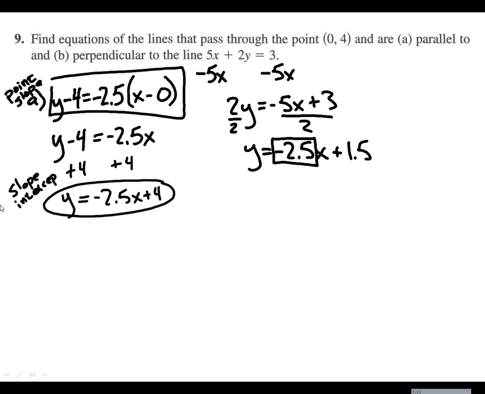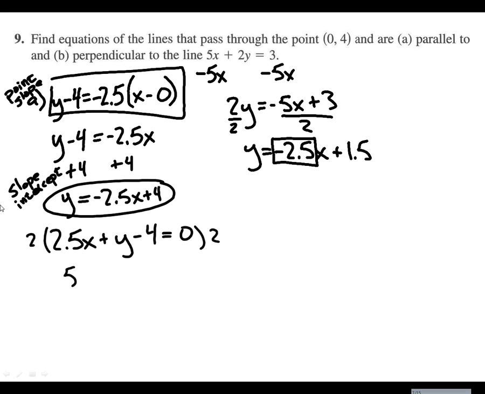And then, of course, we can also get our third type of equation, which is called the general form, where we want to get everything on one side and have no fractions. And we also want to have a positive value for x. So if we moved everything over to the left, we would have that, and still would have a decimal here, so we'd need to multiply everything by 2.